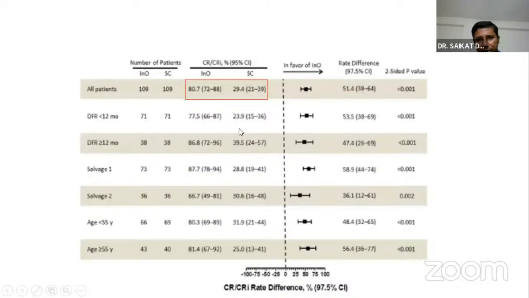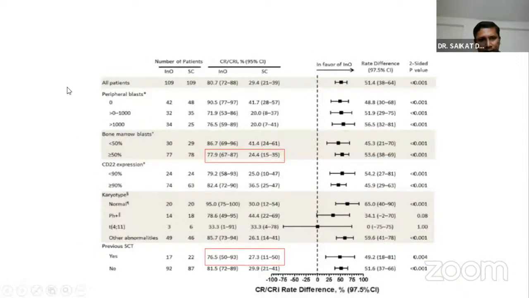So this study produced an excellent result. They produced around 80% CR rate compared with only 30% with conventional chemotherapy. So inotuzumab produced remarkable results in these relapsed patients.